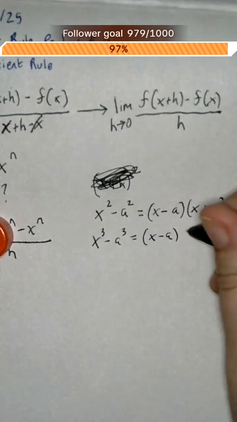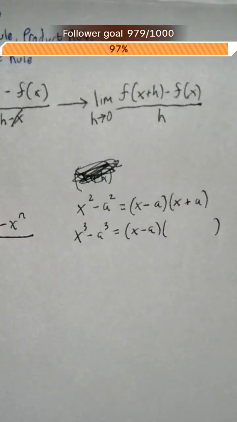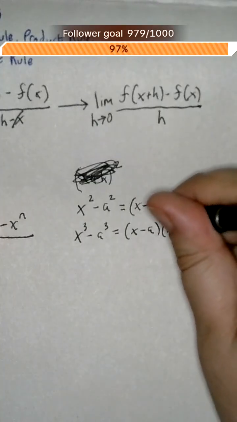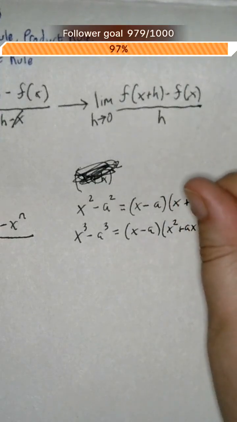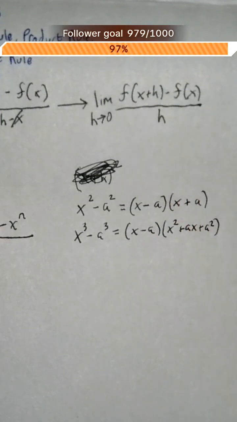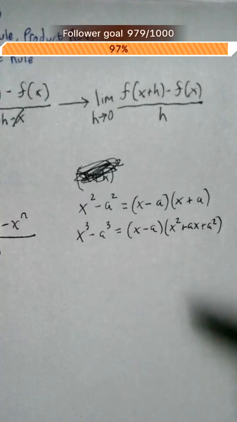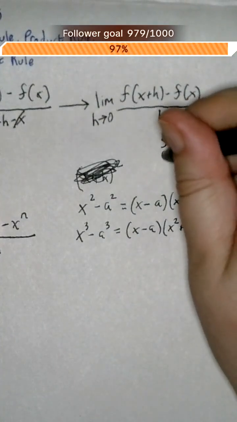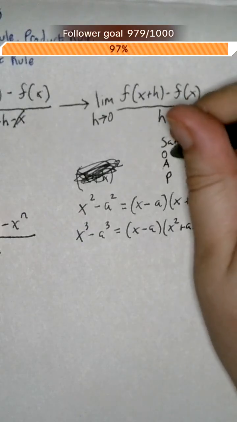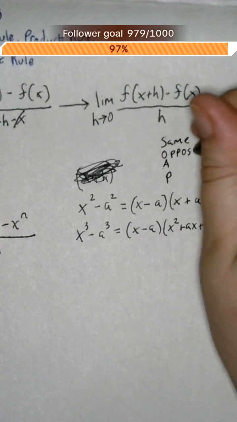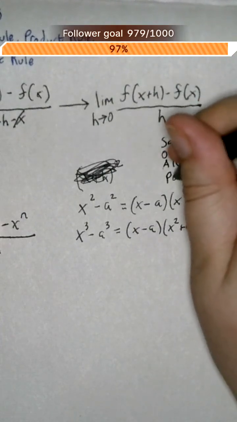So it's x minus a, and then I have x squared plus ax plus a squared. Right, so I use SOAP here. So remember SOAP: same, opposite, always positive.